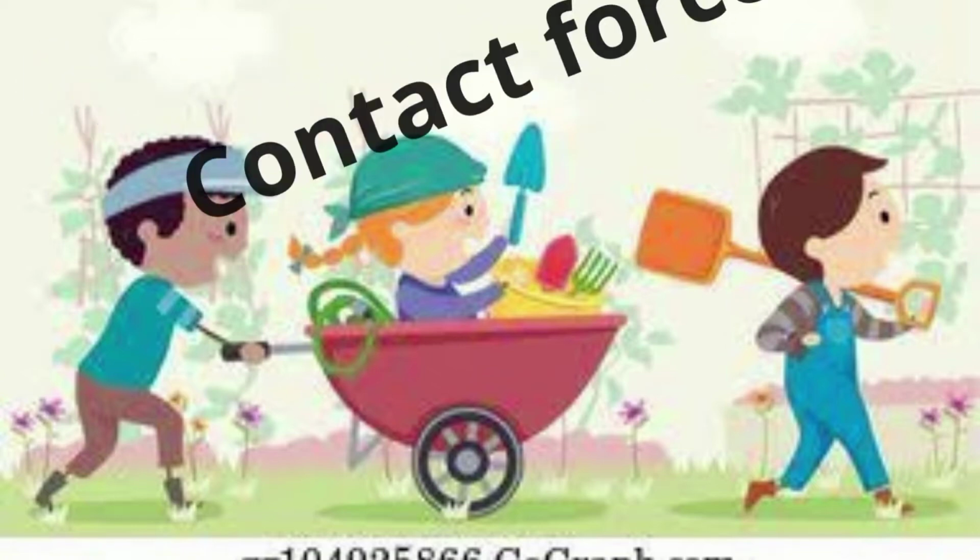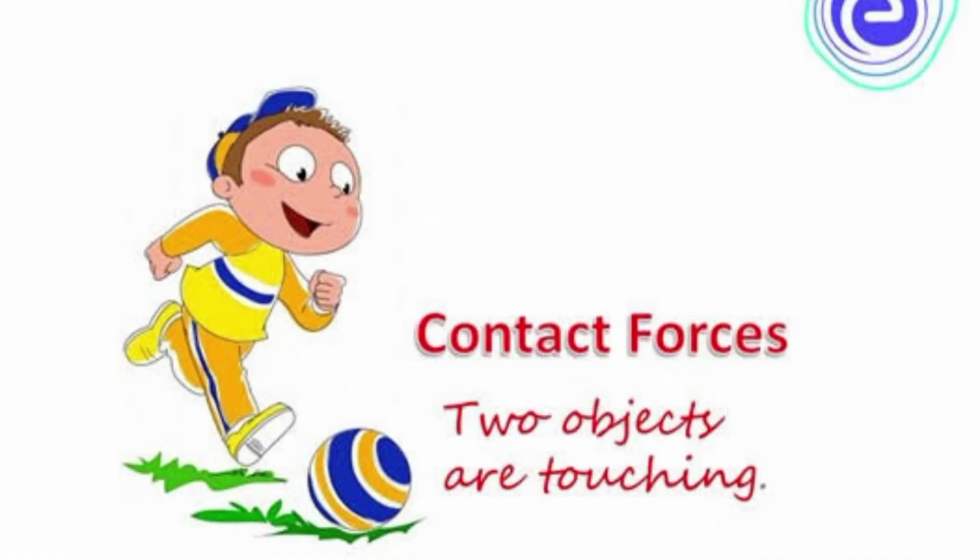These are forces that are in contact with objects they affect. This contact may be direct or indirect. But the most important thing for you to note is that for contact force to occur, there has to be a physical contact between the force and the object it's going to affect.